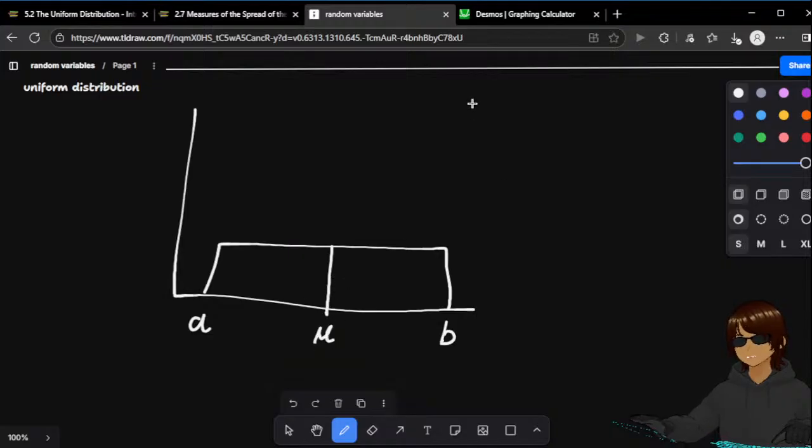This is the mu. And the mu is a plus b divided by 2.